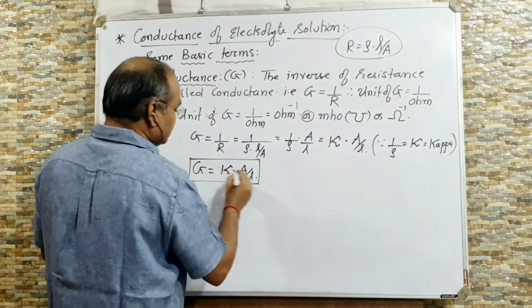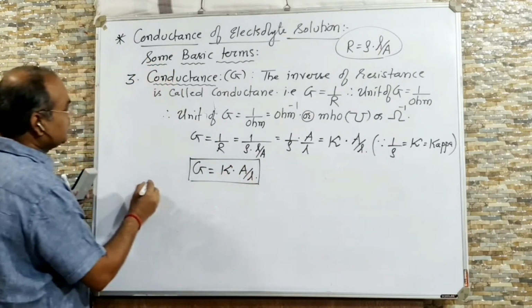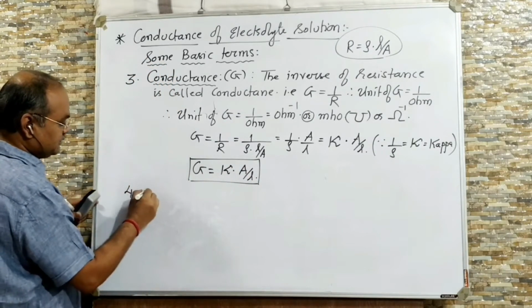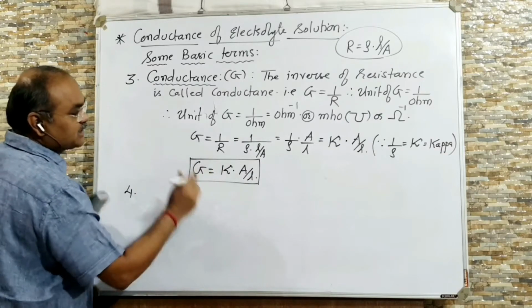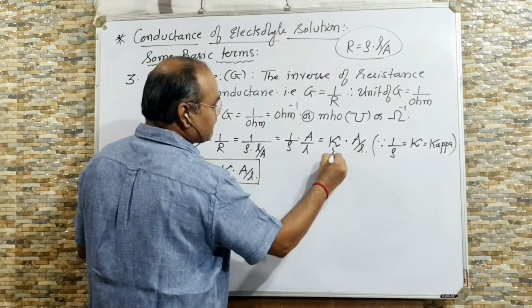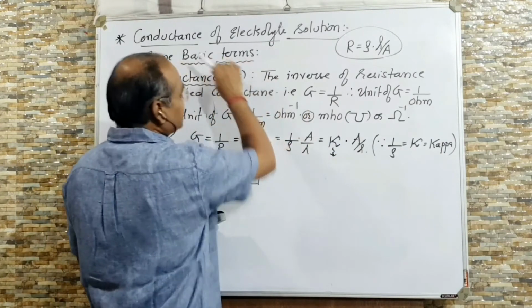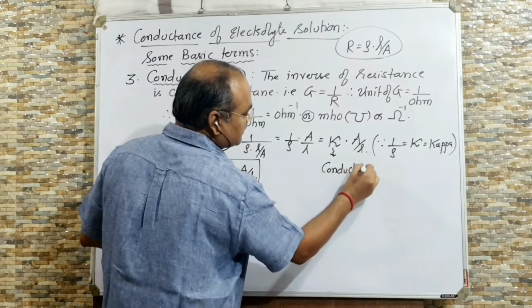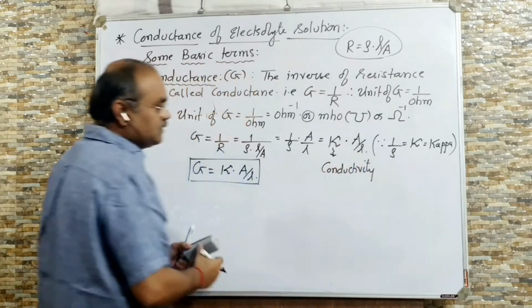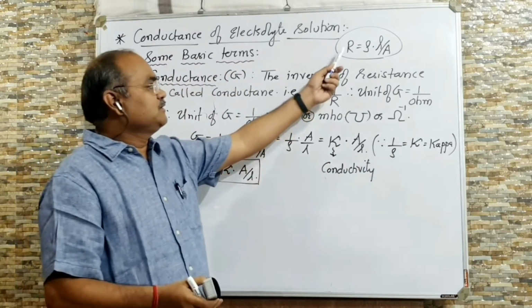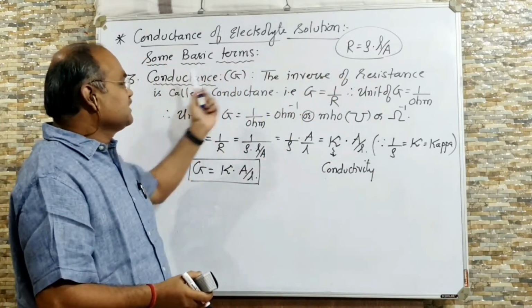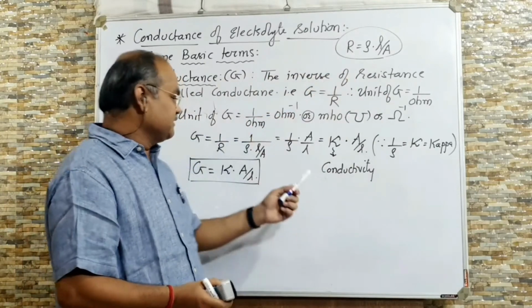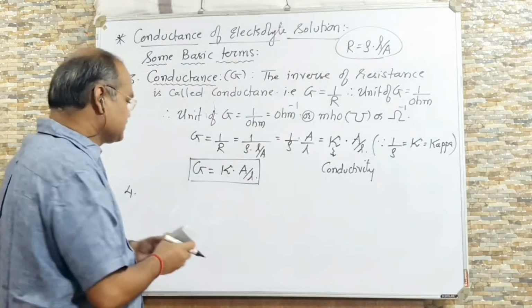So here kappa. Now we will discuss the fourth point. Kappa is called conductivity. Like this is conductance, this is called conductivity. Now, you know that conductance is inverse of resistance. So same way, conductivity will be inverse of resistivity.